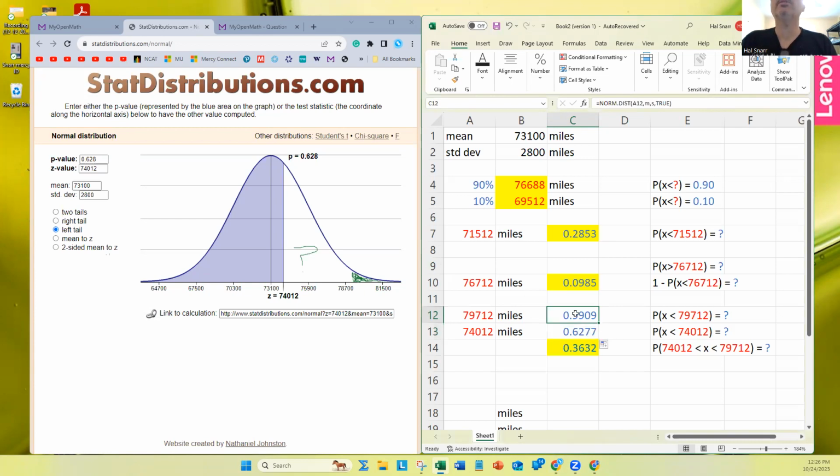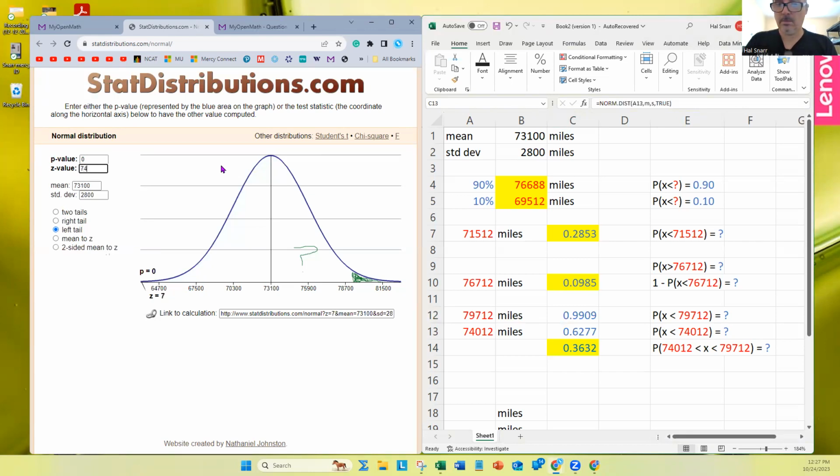So this number is close to what stat distribution comes up with, 79,712. It's close, 0.991. This number is close to what statdistributions.com comes up with.